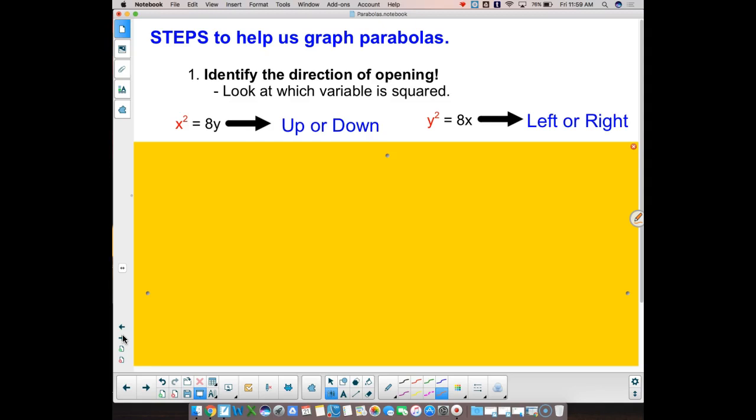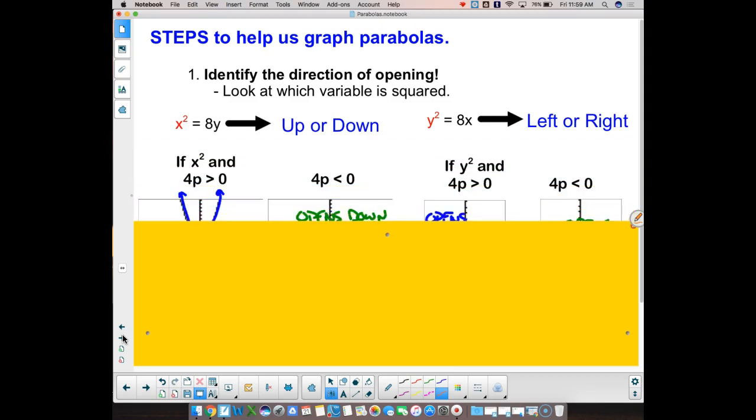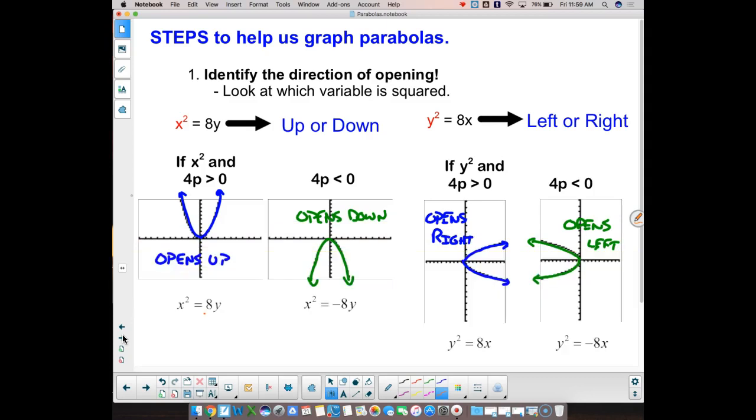The second thing you're going to look at to tell you which way it opens is the coefficient on the non-squared variable. If that coefficient is positive, then it's going to open in the positive direction.